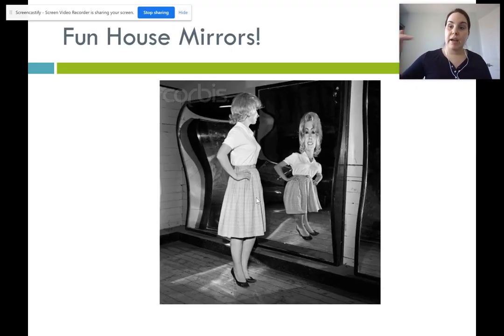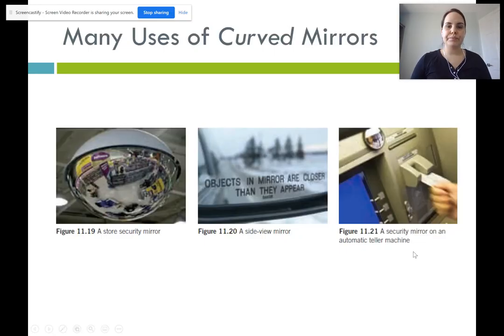These mirrors have a wave to them, and the image that is created is distorted as well. That has to do with the way that light is reflected off those mirrors, because they are not plane or flat. It's going to impact the reflection.